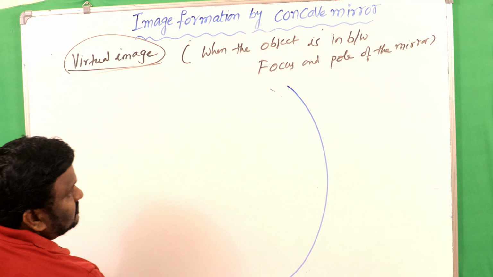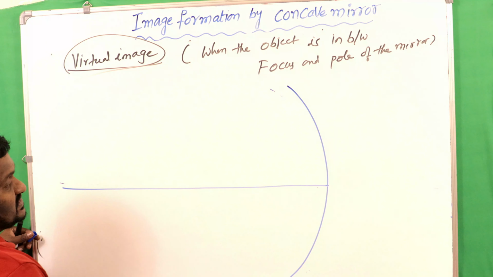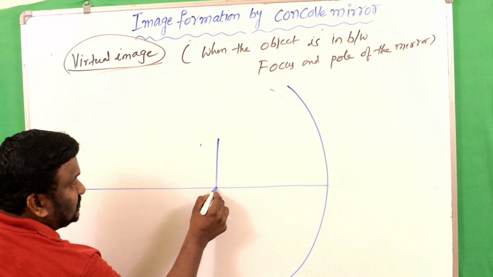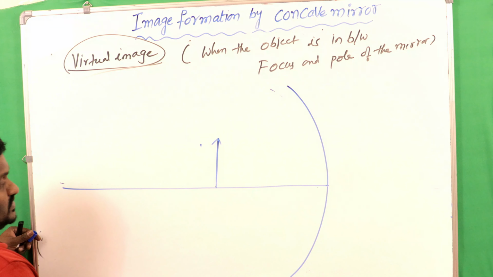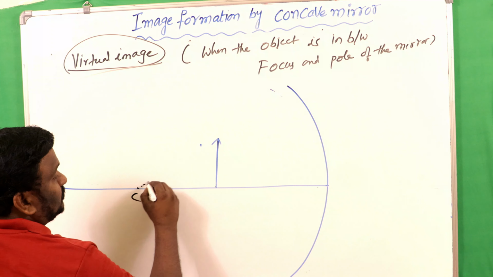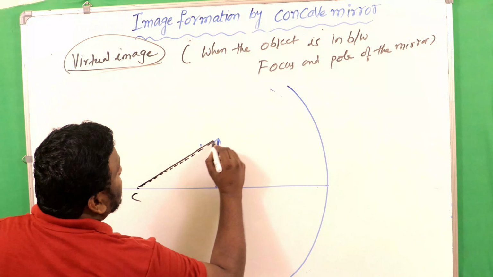so this is the concave mirror and this is the principal axis and this is the object. Clear? And now we are showing here, this is the center of curvature. So this is the light ray coming like this.